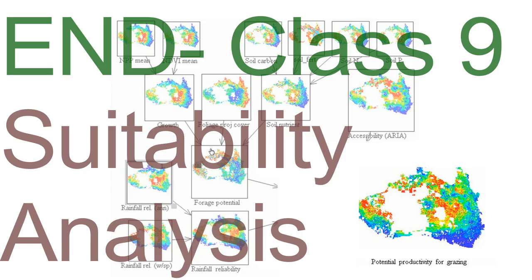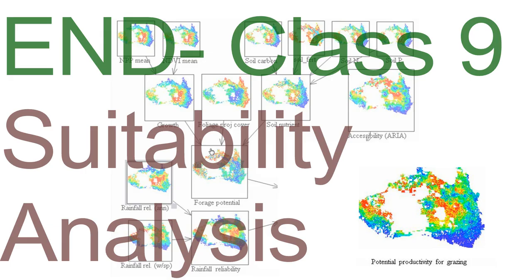So that's kind of suitability analysis in a nutshell, and hopefully this lecture gives you an overview of some of the processes that we can do. We can do it both in vector and raster, and we're starting with a lot of information coming into the GIS, and we're getting to a final simple result that is either suitable or unsuitable.